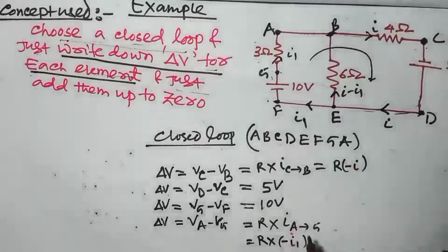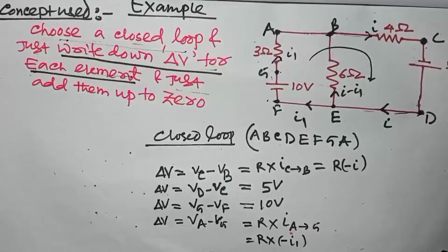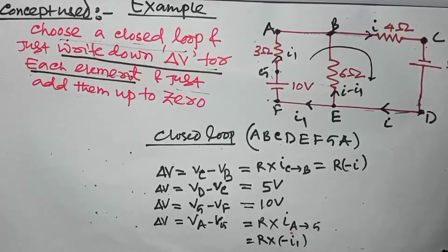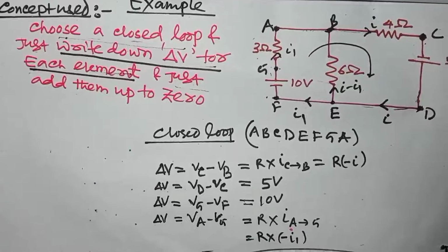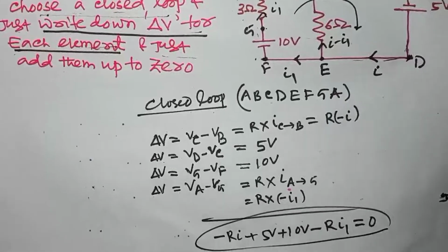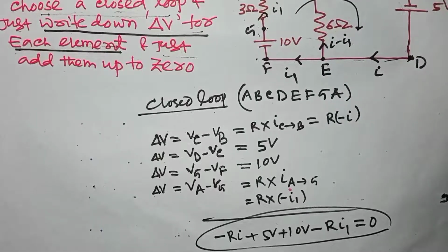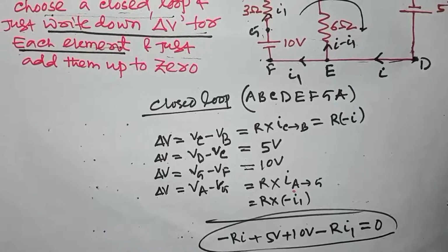So you just add them up: minus RI plus 5 volt plus 10 volt minus RI1 is equal to 0. You add them up and equate it with 0. So this is the procedure to write the basic KVL equation.